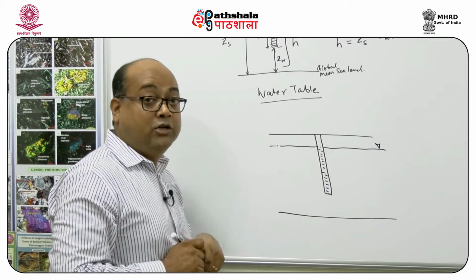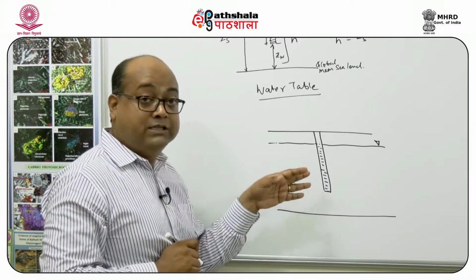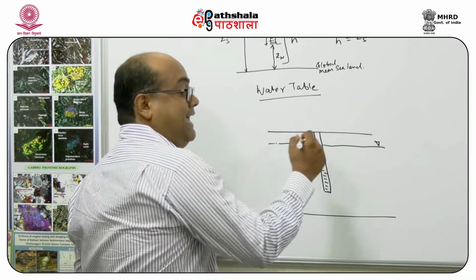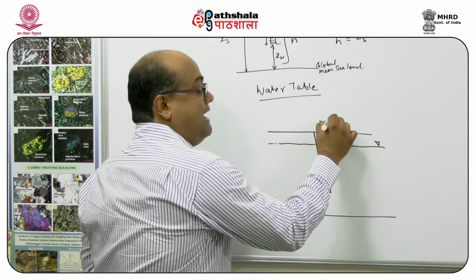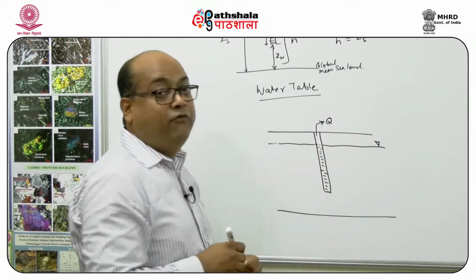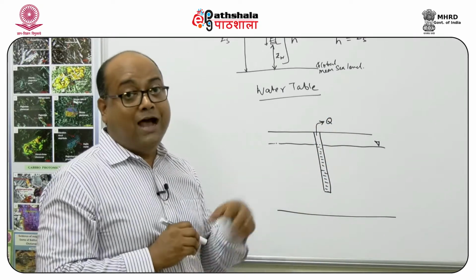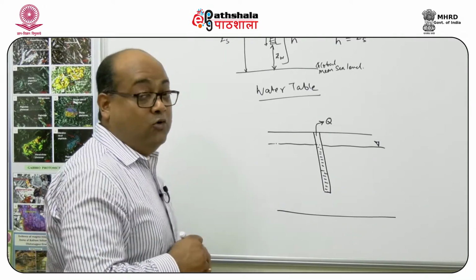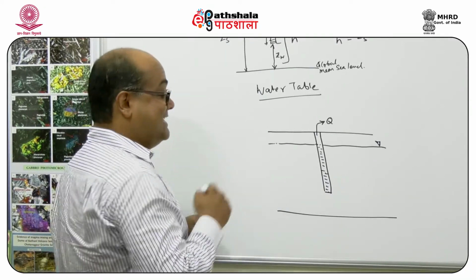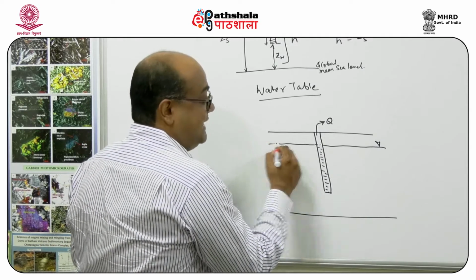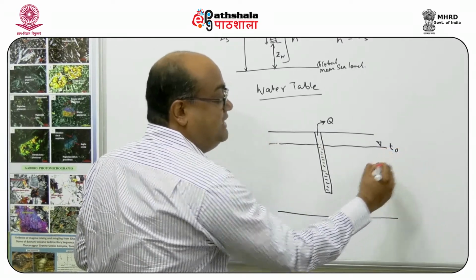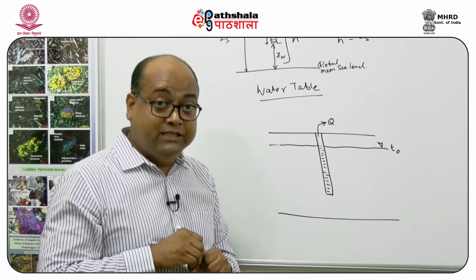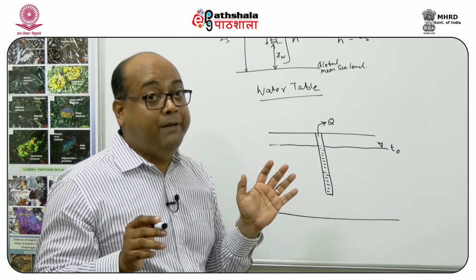Okay, now the question is, what happens when I pump water out of it? Let's say I am pumping out some fixed volume of water Q out of this well. Then what happens to the water table? So what happens is something like this. Say this is time t0. This is the nature of the water table at time t0, when there is no pumping taking place.